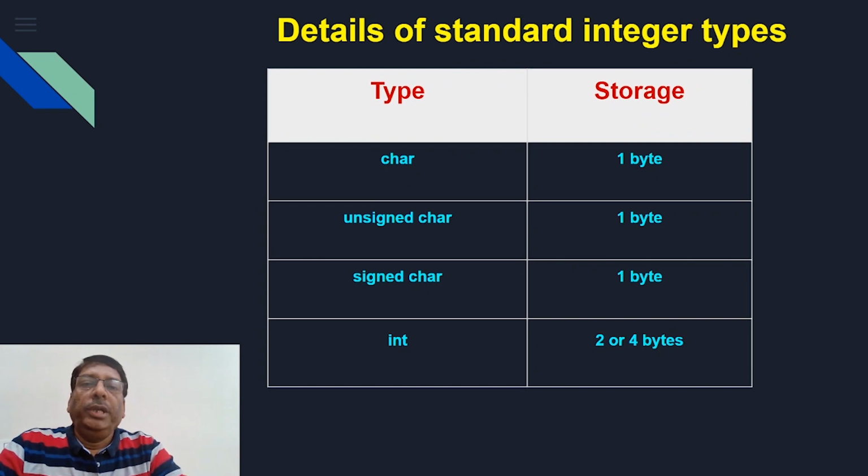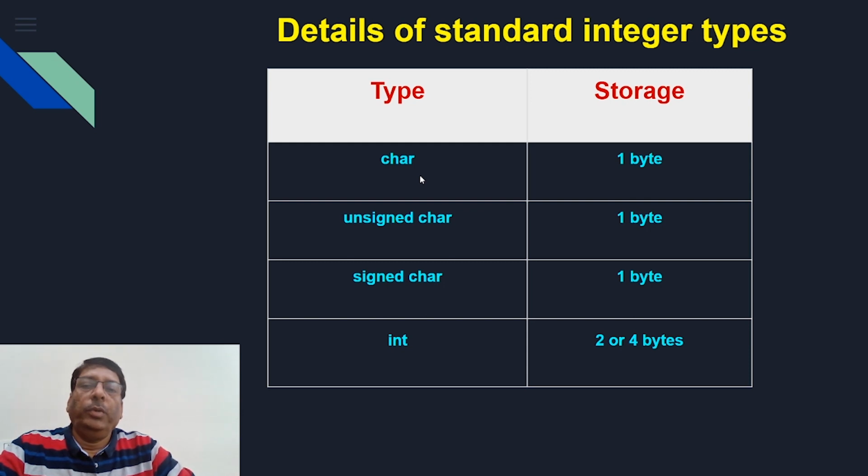Now the details about the standard data types. The integer data type and floating point data type are also called predefined standard data types in the C language. The types available are, first, the character type, which will occupy 1 byte of memory. When you say character, any key on a keyboard can be called a character.